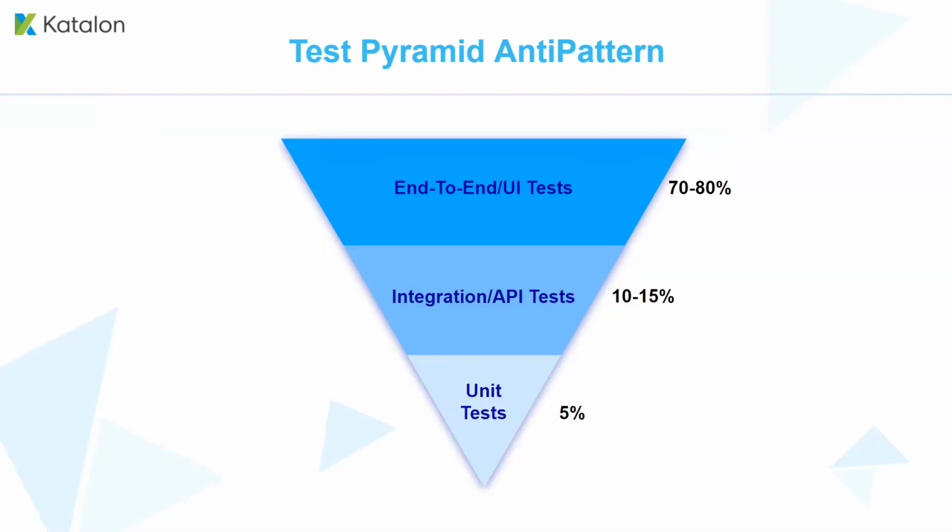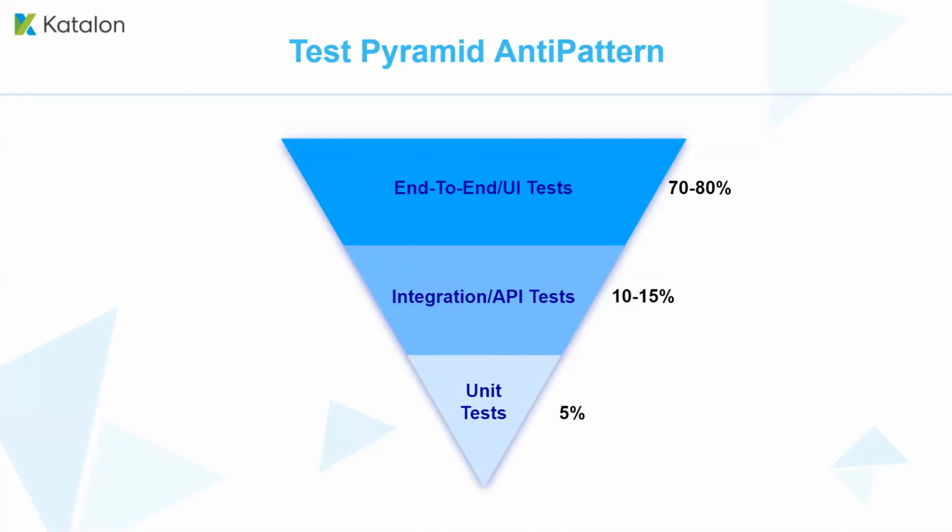So what they did is, first of all, they stopped the development of end-to-end tests and started focusing on developing API tests, which is the second layer here. So I think the natural evolution of an organization that adopts this anti-pattern is that you need to enlarge the middle layer.